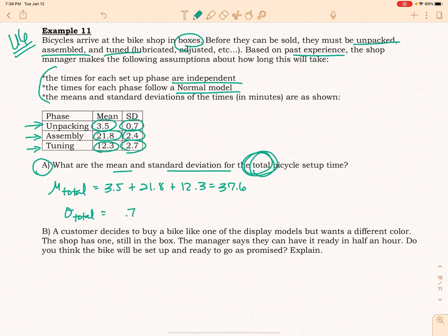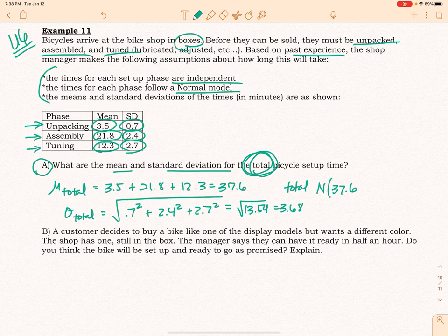We have to add the standard deviations squared, and then we have to take the square root of that. So we end up taking the square root of 13.54, which gives me 3.68. So the new normal model for the total time is 37.6 with a standard deviation of 3.68.